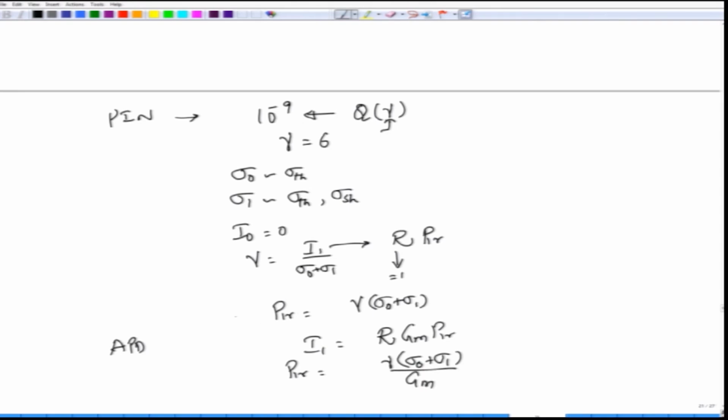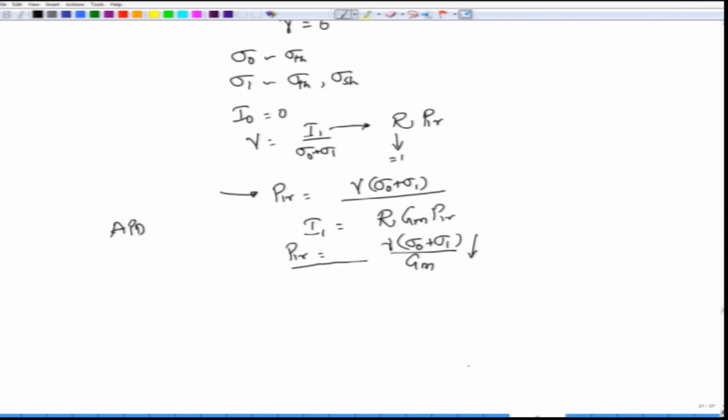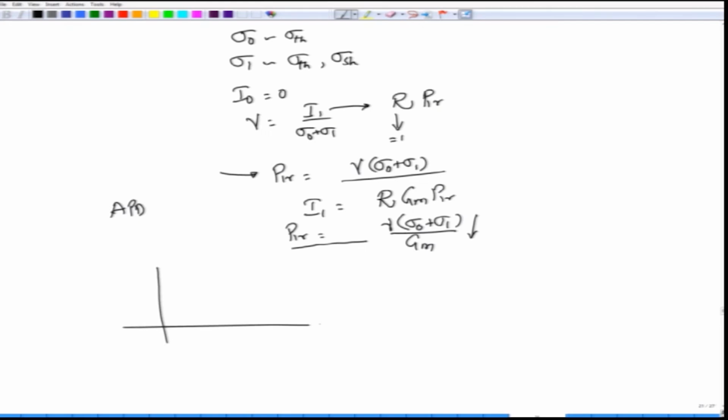Already without doing any calculation, you can see that this is APD, which requires this amount of received power, whereas the PIN requirement has gone down by a factor of Gm. What it means is that if you look at it as a function of the bit rate, the sensitivity of a PIN diode is the worst, whereas because there is a large gain factor Gm, the sensitivity of the APDs is much better.